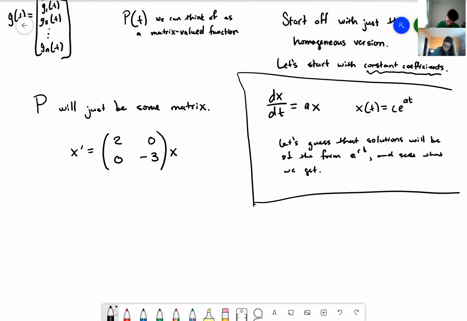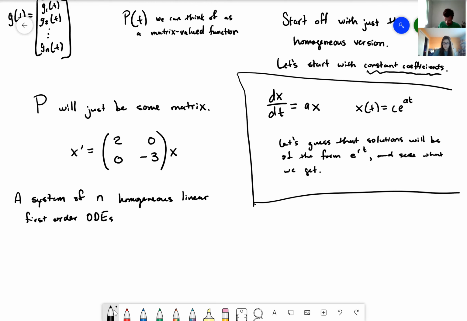That works the same way in systems of equations. So a system of n homogeneous linear first order. A lot of times people write first order linear homogeneous. I wrote it in the reverse order. I don't think it really matters.